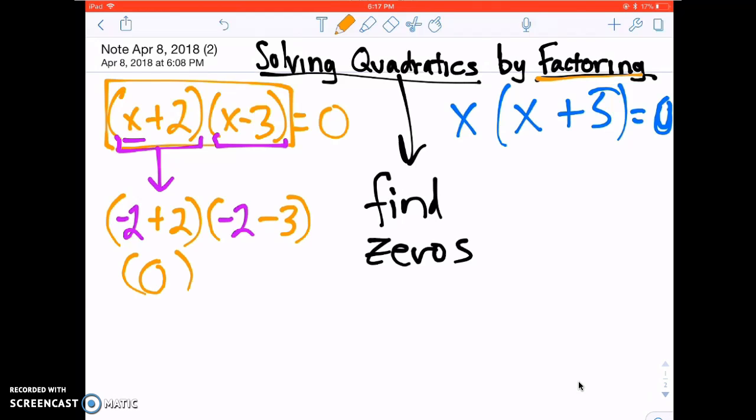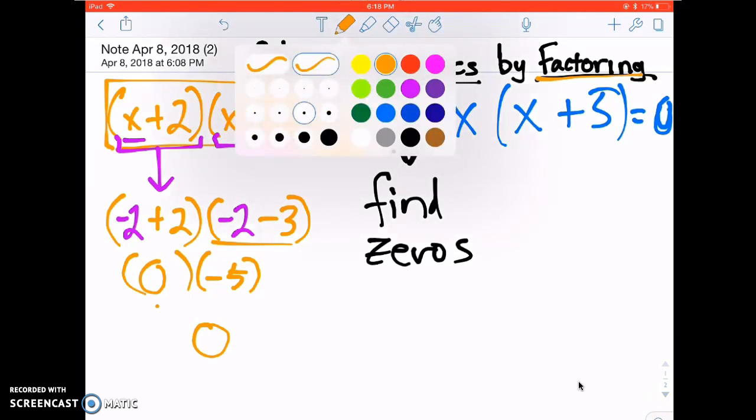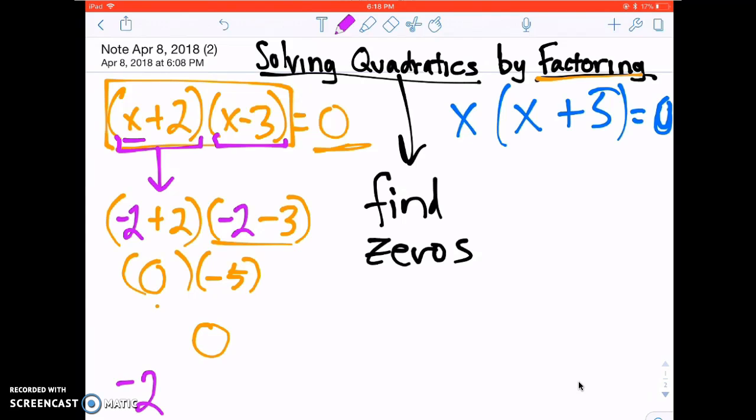Boom, that's what we wanted. Now it doesn't even matter what this is. It's negative 5, but 0 times negative 5 is just 0. And we have effectively made our equation equal to 0, which is what we want. So one of our answers is negative 2.